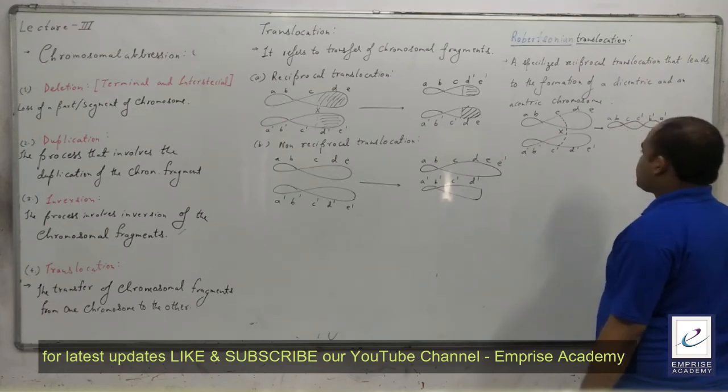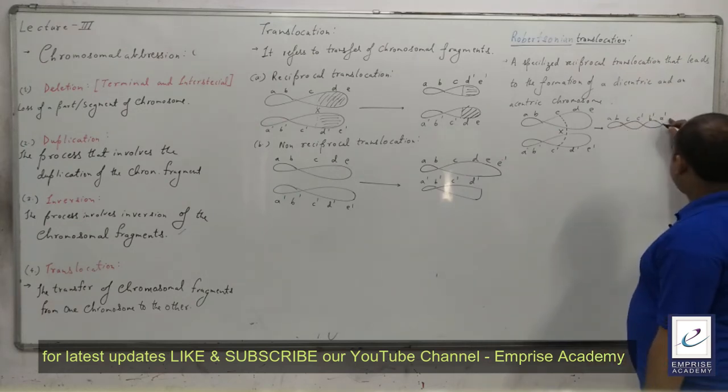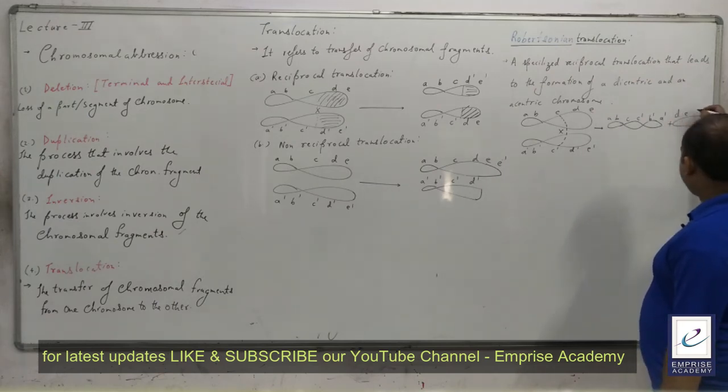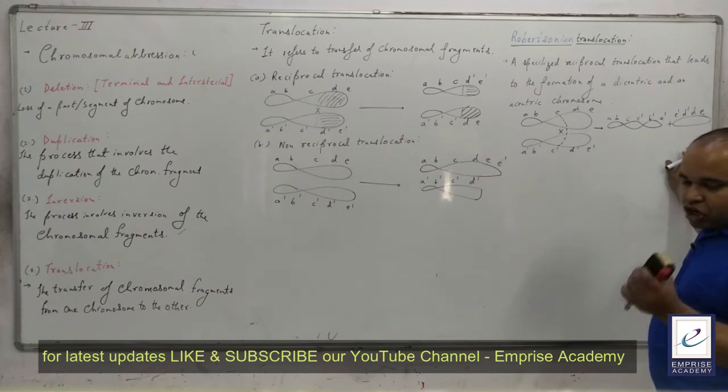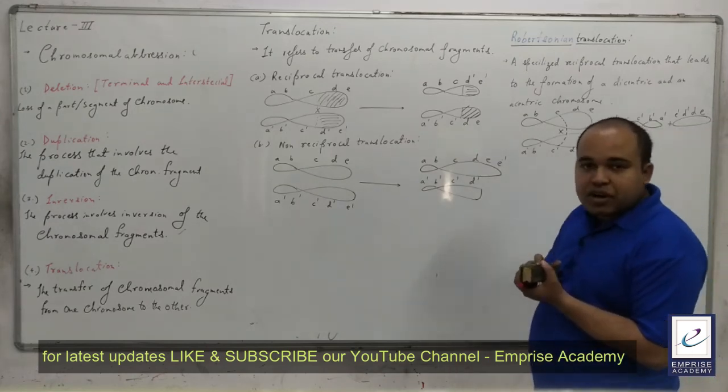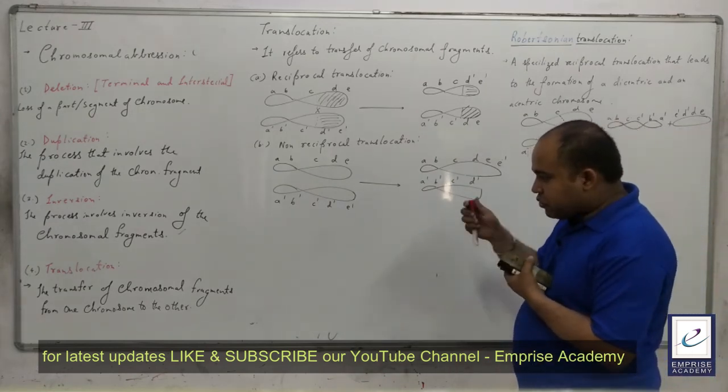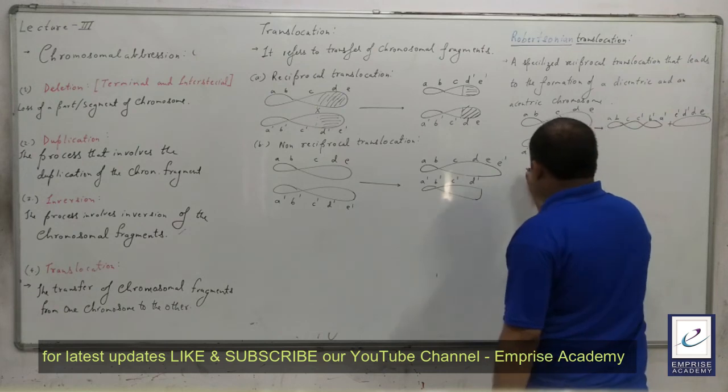And along with this, there would be another one, D, E dash, D dash, D and E. The acentric chromosome will be lost during the process of sexual reproduction, during the process of meiotic cell division.